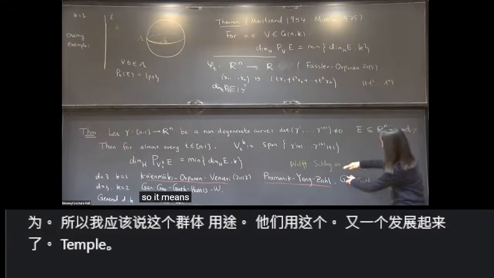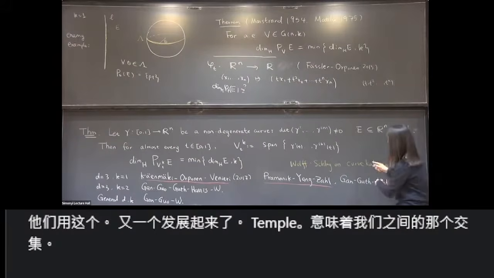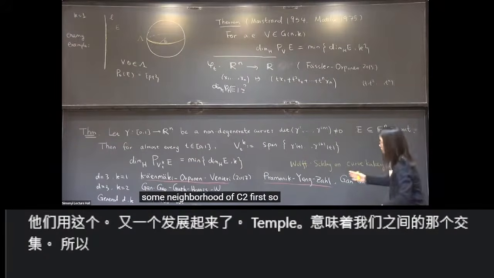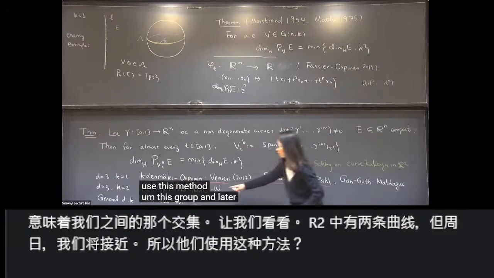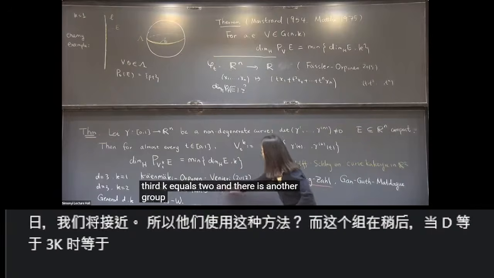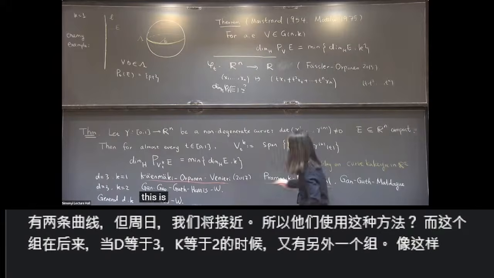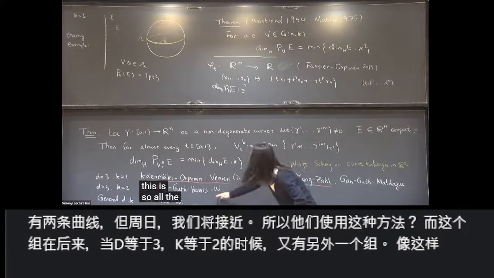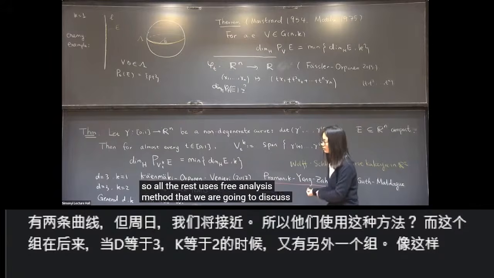It means the intersection of some C2 curves in R2, some neighborhoods of C2 curves. So they use this method, and later when d equals 3, k equals 2, there is another group. All the rest use a Fourier analysis method that we are going to discuss next.